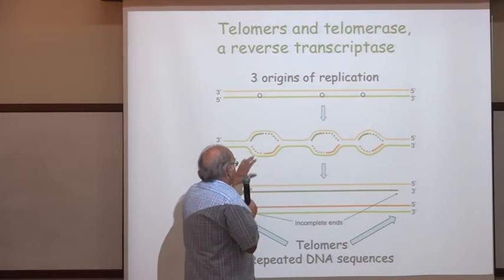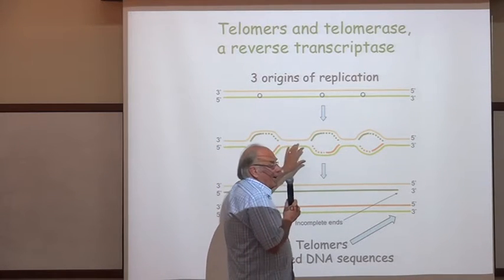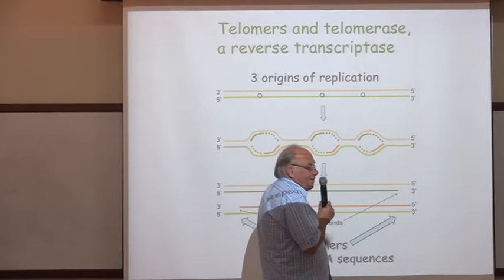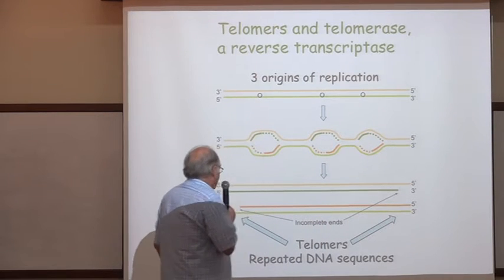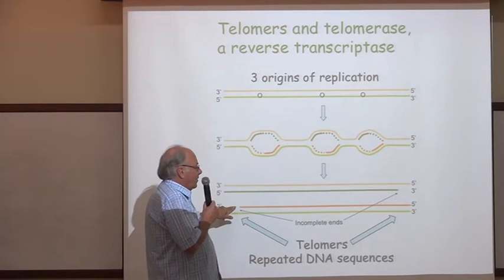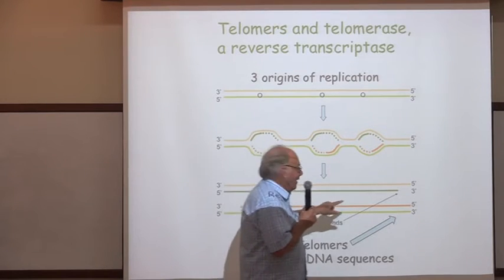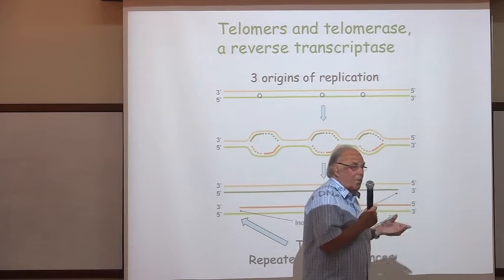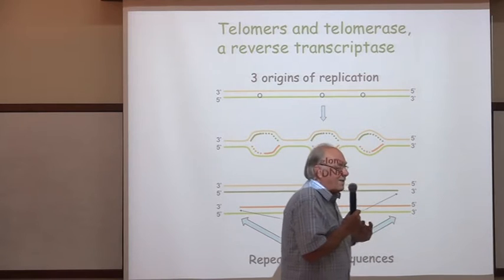So if you proceed and complete essentially the whole thing, and you ligate the various pieces to each other, there are pieces here which are too short to be copied properly by the DNA polymerase.